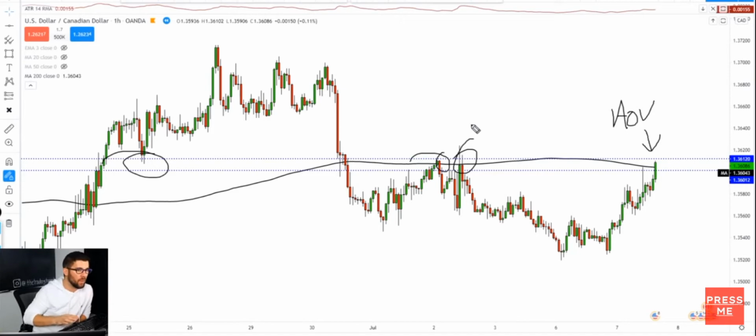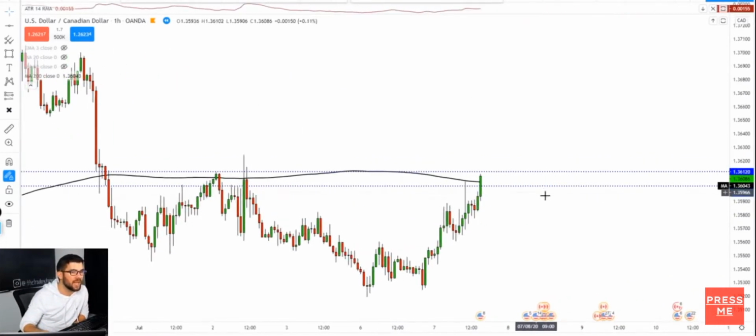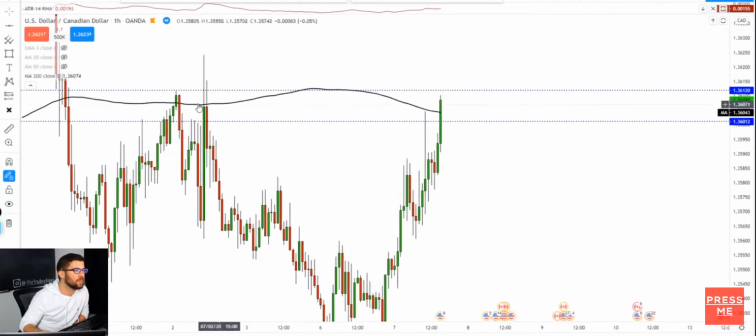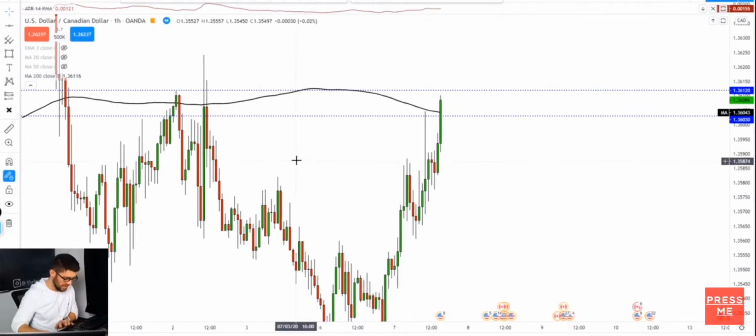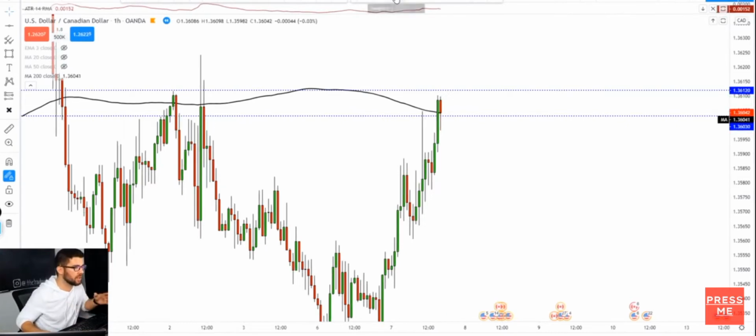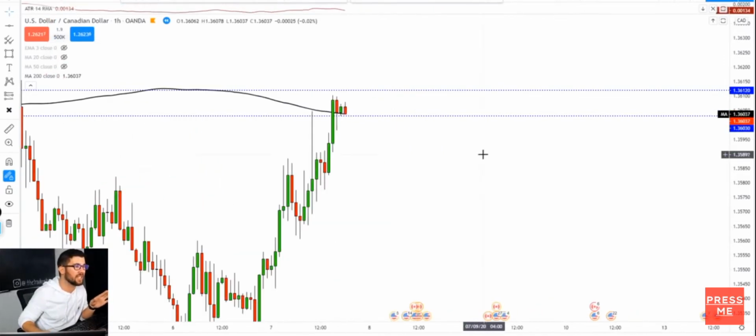So one of my favorite ways to add confluence to moving averages is to say, I will not trade the 200 period moving average unless when the market hits it, it also lines up with structure looking left. And then I'm going to start talking a little bit about the strategy now. I'll go into full detail after I let you take a look at those live trades. But let's talk about the strategy a little bit right now.